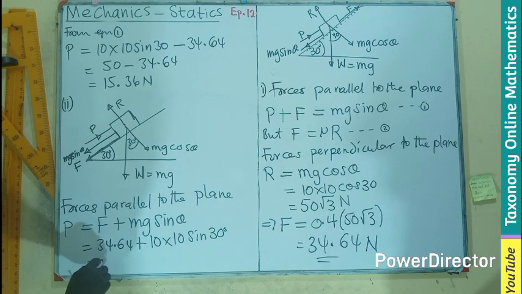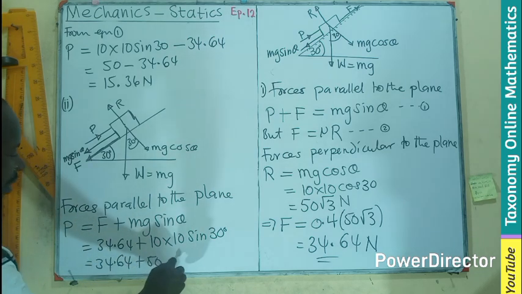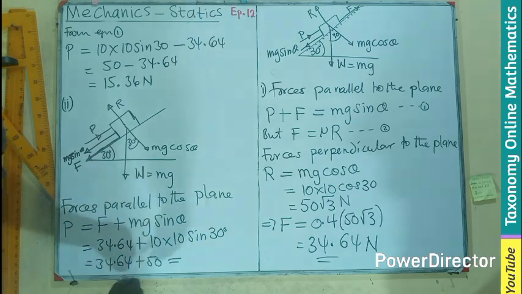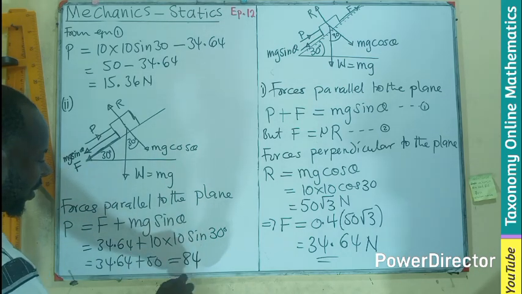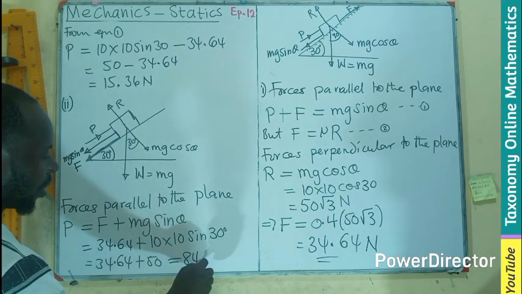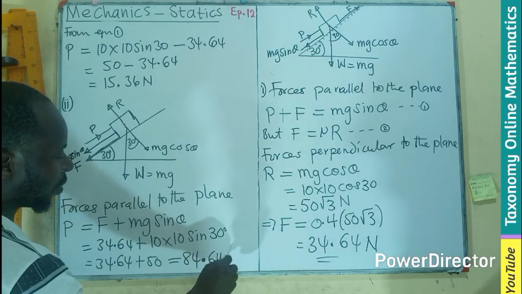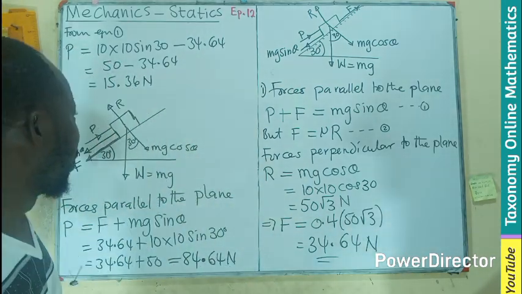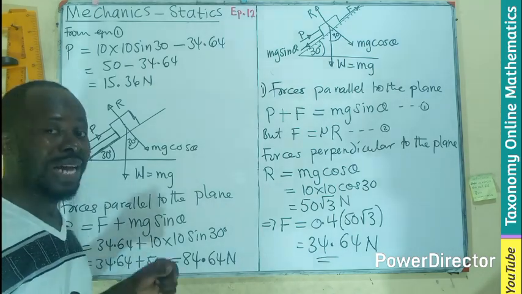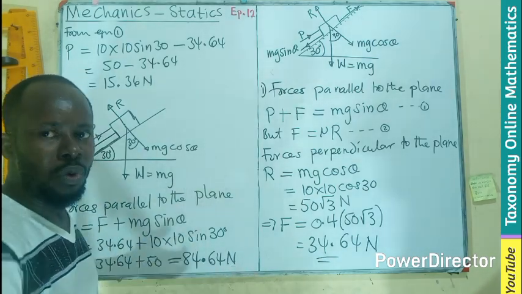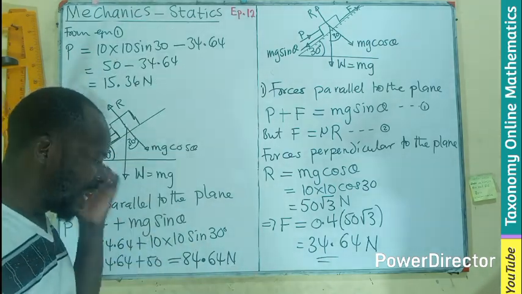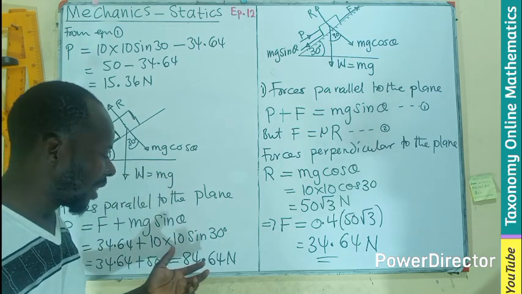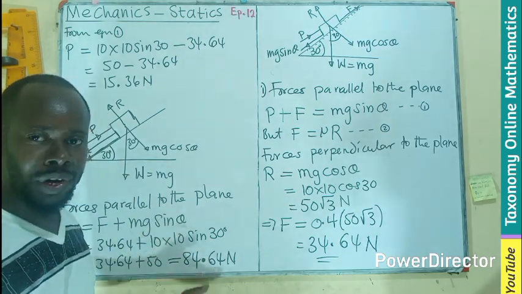So I'll have 34.64 plus 50. That should be giving me 84, right? Point what? 64 Newton. So the force that we are looking for, that will cause the object to move upward, is going to be 84.64, or better still 85 Newton.